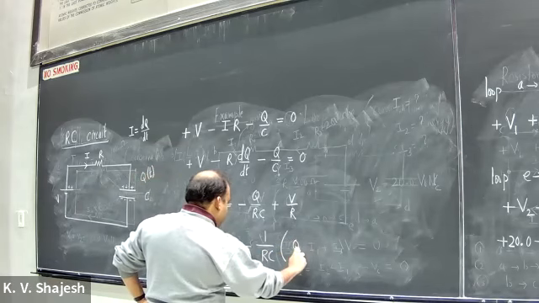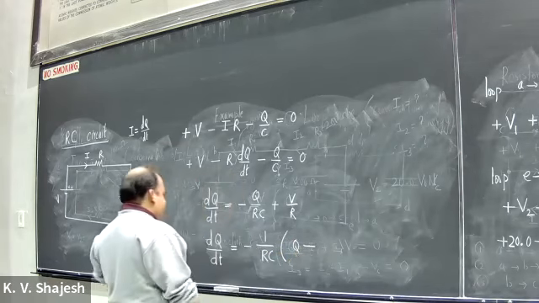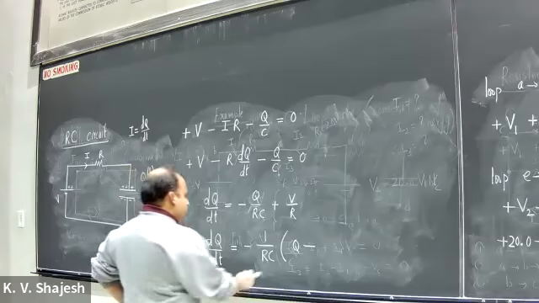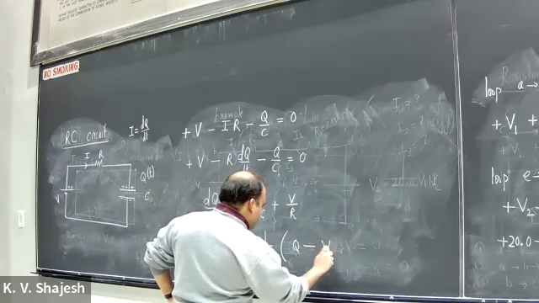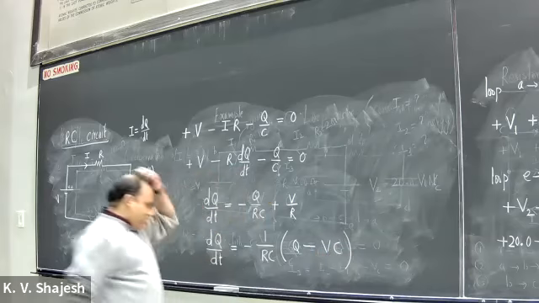So Q minus, R has been pulled out, C is there, so this is VC. That should be okay, correct?